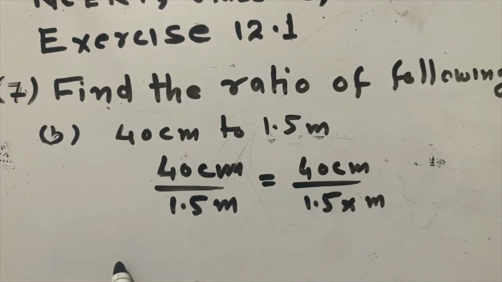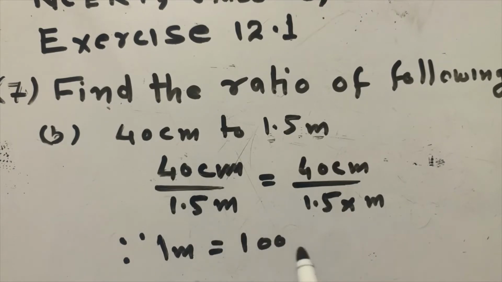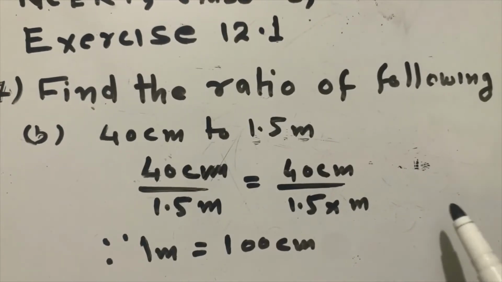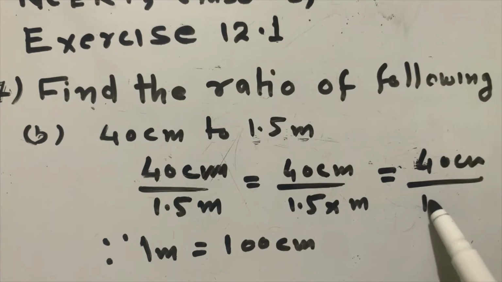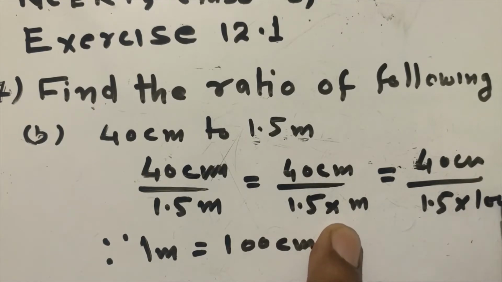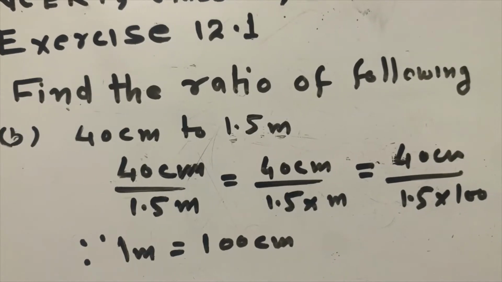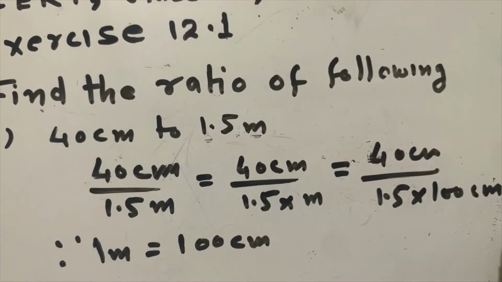Now we know that 1 meter is equal to 100 centimeter. Now we will put here 40 centimeter same, and 1.5 into 1 meter. This 1 meter should be 100 centimeter.